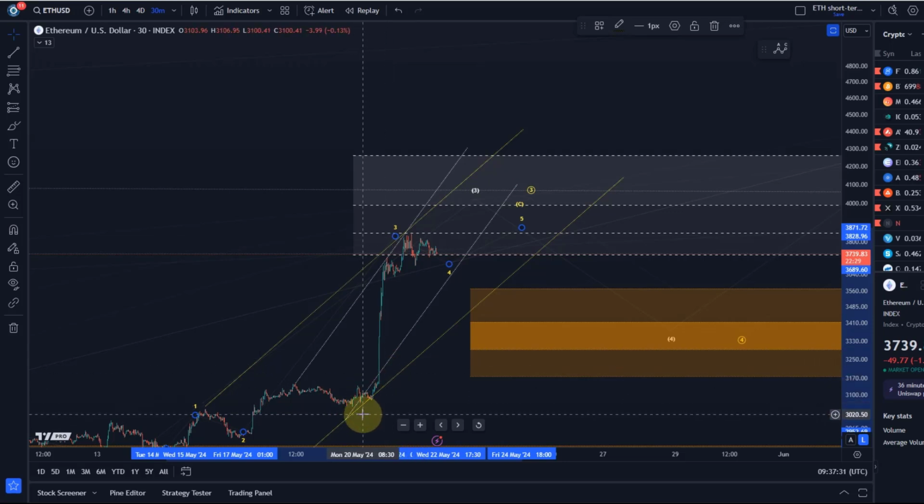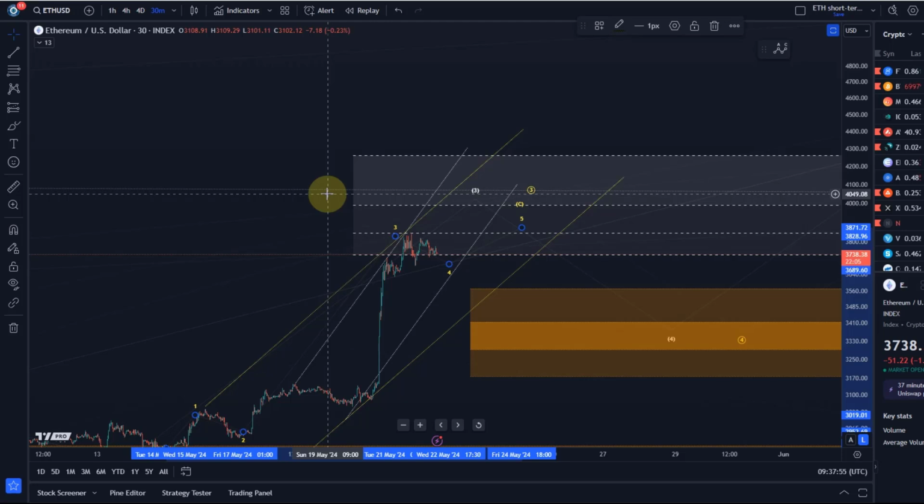But I'll be watching these trend channel lines, probably the white channel here, where the price might hit 3,730 at some point, later today or early tomorrow. But we'll see. Again, they're just there for orientation. They're not very reliable, but it's still interesting to see if the market might react to them.